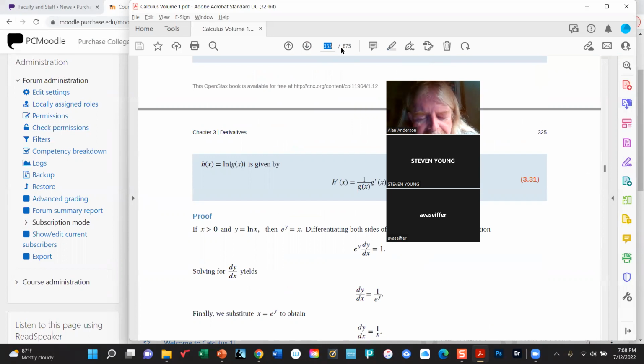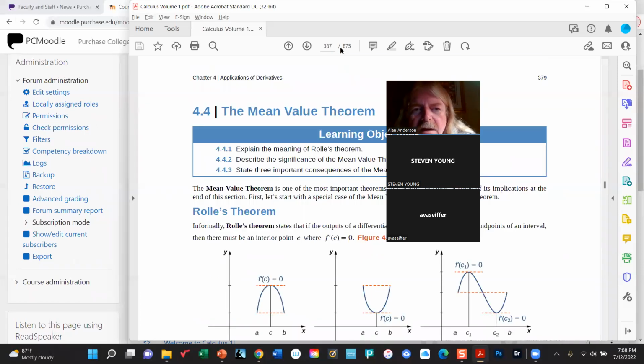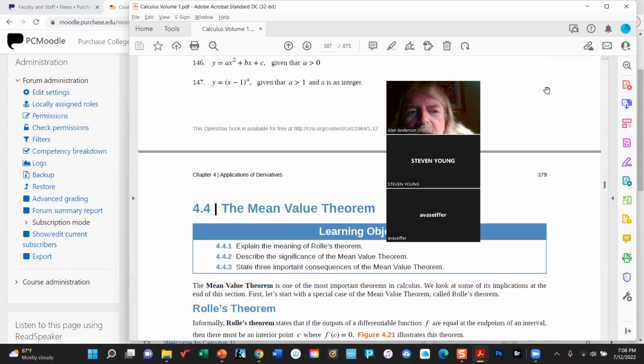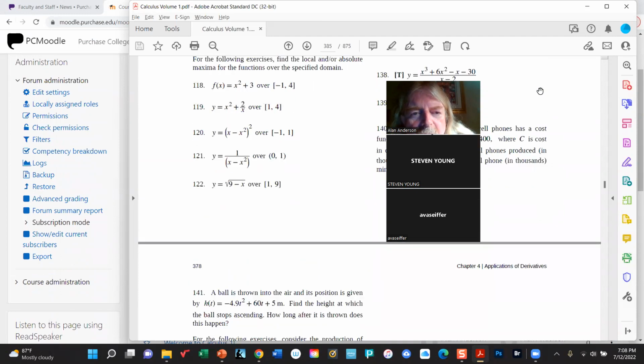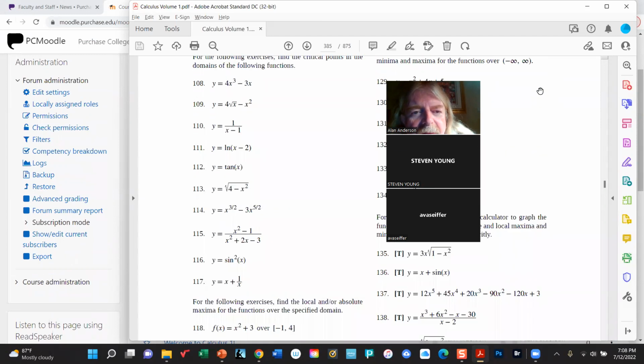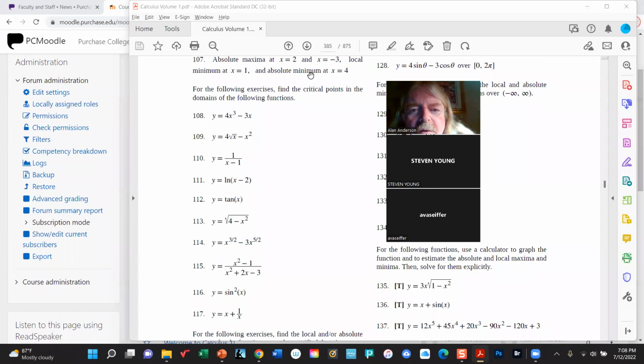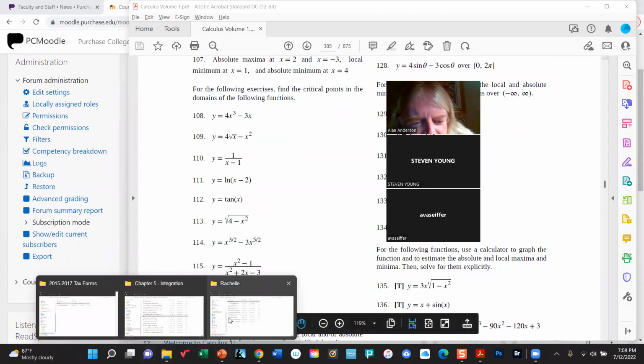So let's start with 387. So 108 would have been critical points in the domain. Okay, let me get the document open.